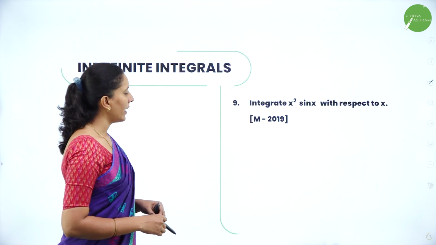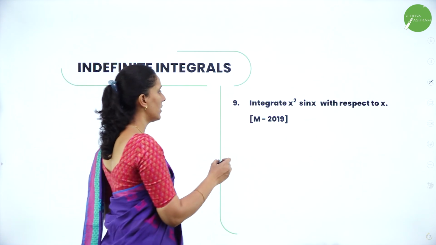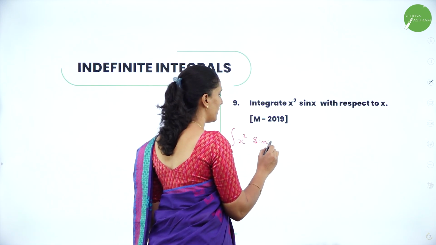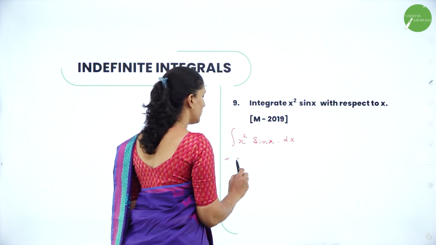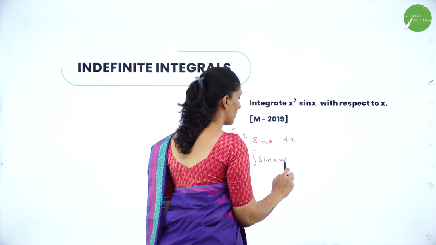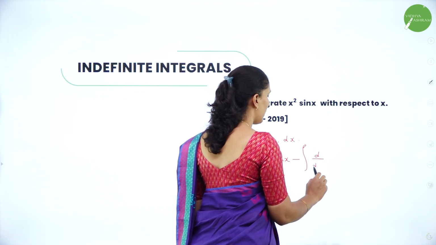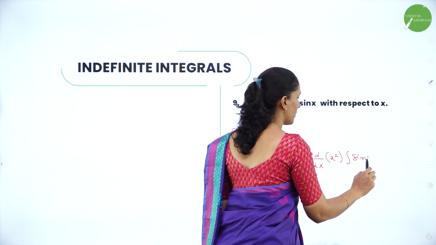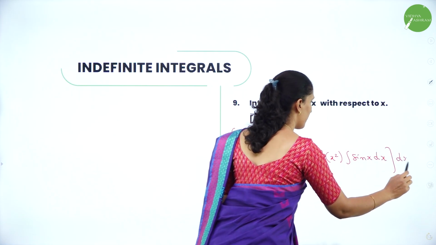Next we have the integral of x square sin x with respect to x. So let us apply the integration by parts here. First function, integral of second, minus integral of derivative of first function, integral of second function with respect to dx again.